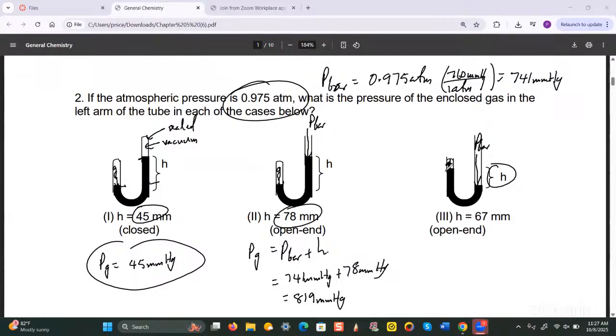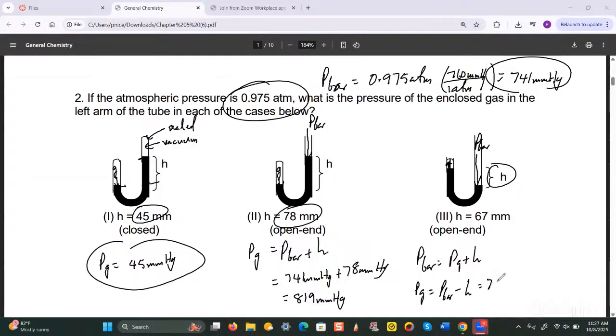So the relationship between the pressure of the gas and P bar and H is P bar, the barometric pressure, is equal to P gas plus H. All right? So to find the pressure of the gas, that will be equal to P bar minus H. P bar we already calculated here.